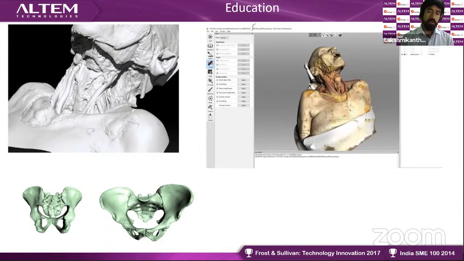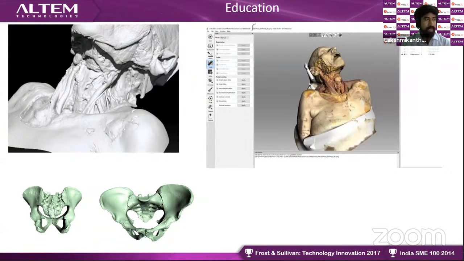So before they practice on real bodies, they can train virtually first based on these 3D scan models, and understand which nerve it is and which area needs to be dissected. Based on that, they can first practice virtually, and later act on the real organs.